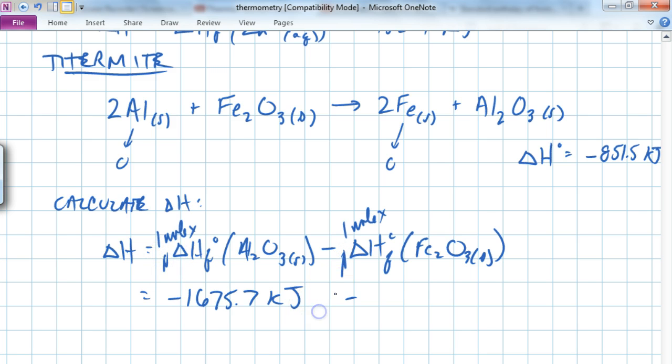And the heat of formation of iron oxide, Fe2O3 solid, is negative 824.2. Notice I haven't shown the moles here because I'm really multiplying by 1 mole, so I've canceled them out. So it's 1 mole times this, and then 1 mole times 824.2. And when I do the calculation, I should get negative 851.5 kilojoules.